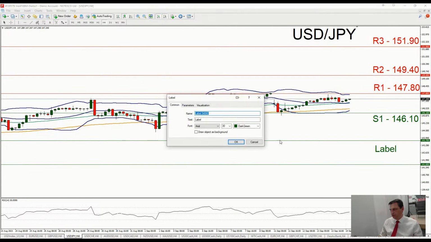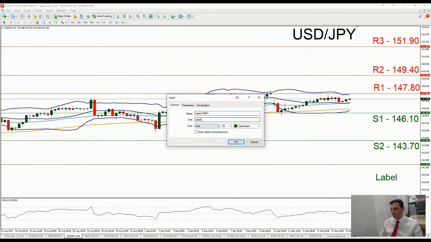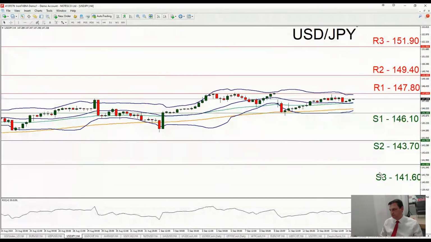S2 at 143.70. And finally the S3 at 141.60. That's it.